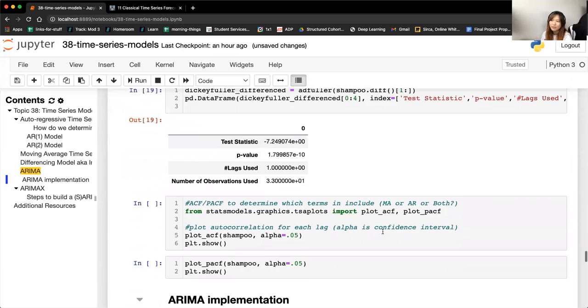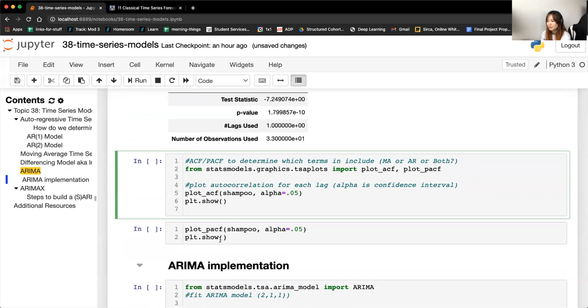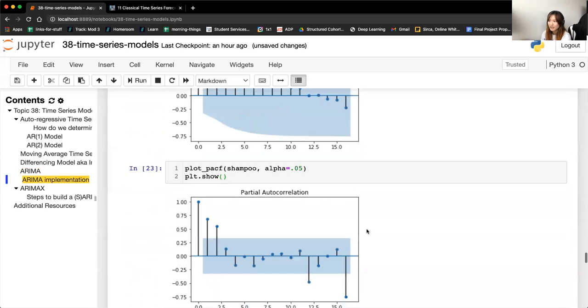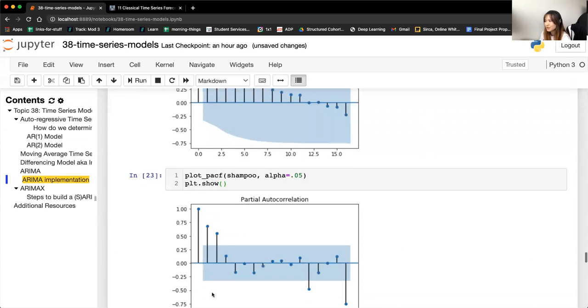All right. Before we get into finally implementing, let's take a look at our autocorrelation, because previously we were just doing it with a quick assumption of however many. Here you can see that there is some autocorrelation that does persist. And when you have persisting autocorrelation, we do the partial autocorrelation.